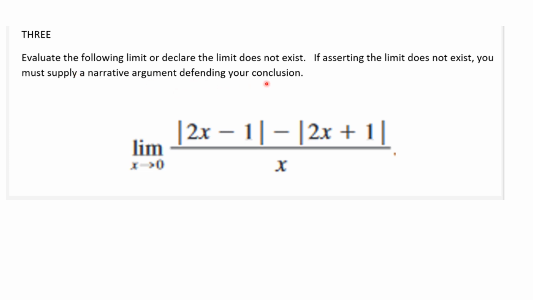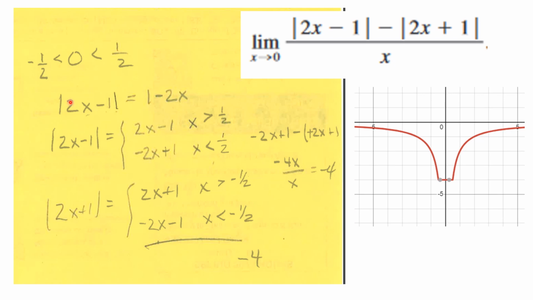Number 3 was also evaluating the limit or declaring it doesn't exist. The key to this problem, I suppose, was realizing that 0 is between minus 1/2 and 1/2, and the absolute value of 2x minus 1, if we are less than 1/2, is this expression, so we substitute that in, and the absolute value of 2x plus 1 when we're greater than minus 1/2 is this expression, so it is this minus this expression in the numerator divided by x.